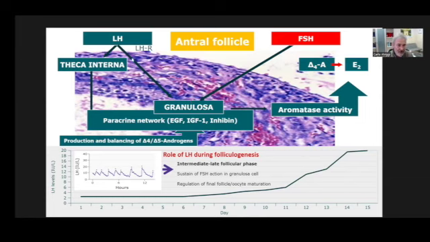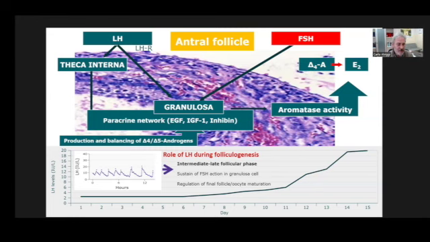So what I can say is that LH is very important in supporting FSH activity during the last steps of follicle and oocyte maturation. The cooperation between FSH and LH induces the paracrine network of growth factors, which is very important in the last stage of folliculogenesis. And LH is also able to support aromatase activity.